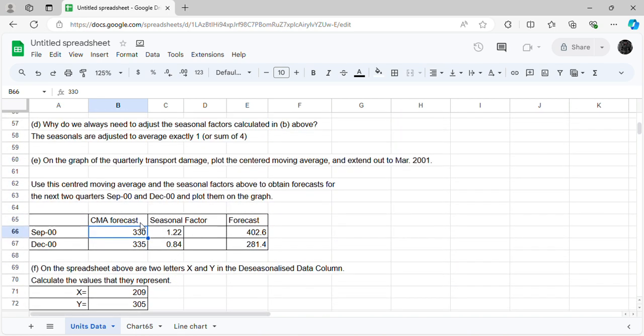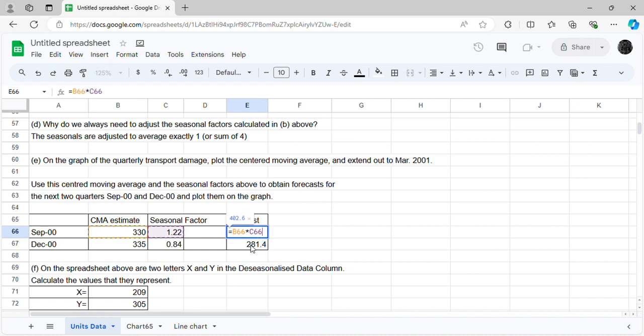And then we multiply the centered moving average estimate by the seasonal factor to get the forecast values.